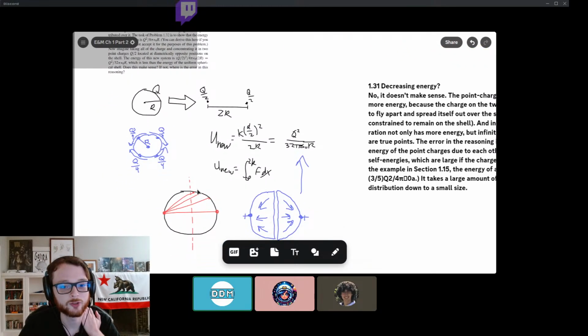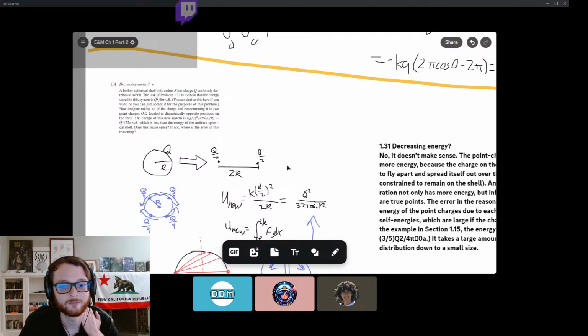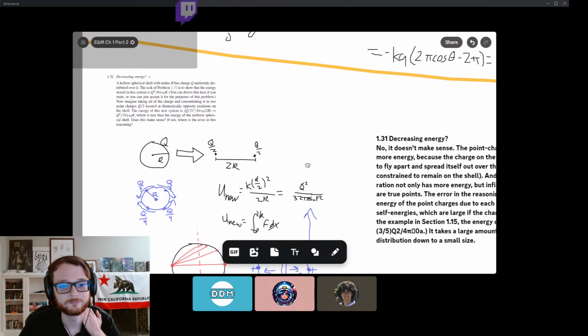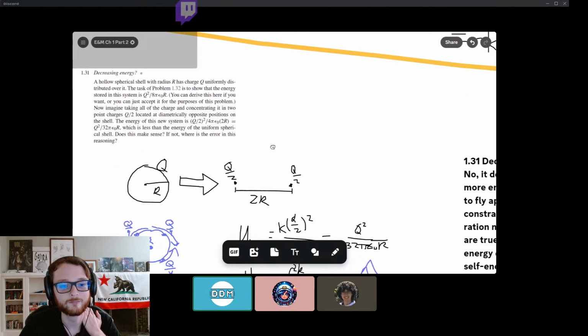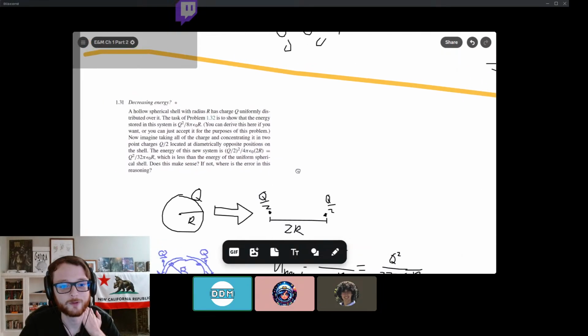We're bringing a charge on this spherical shell into its corresponding pseudo point charge, which is a different integral. That's going to approach infinity the closer they get.